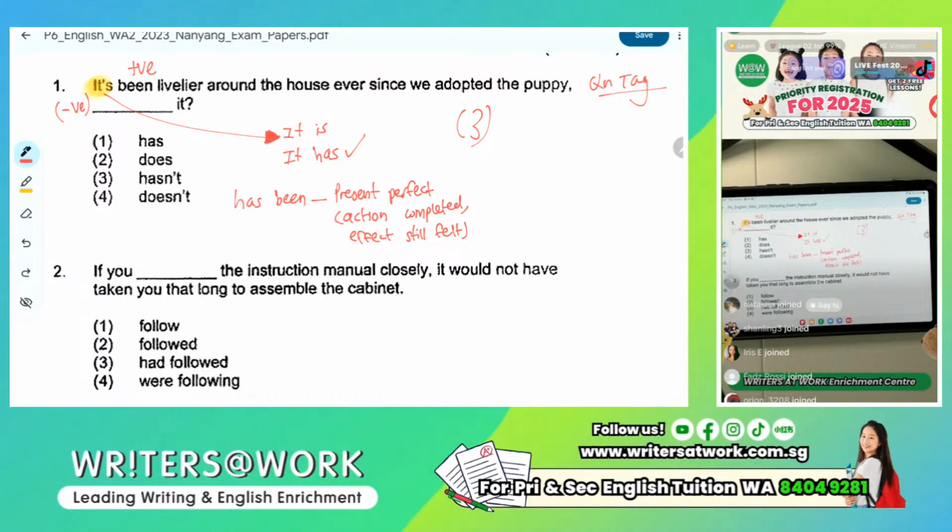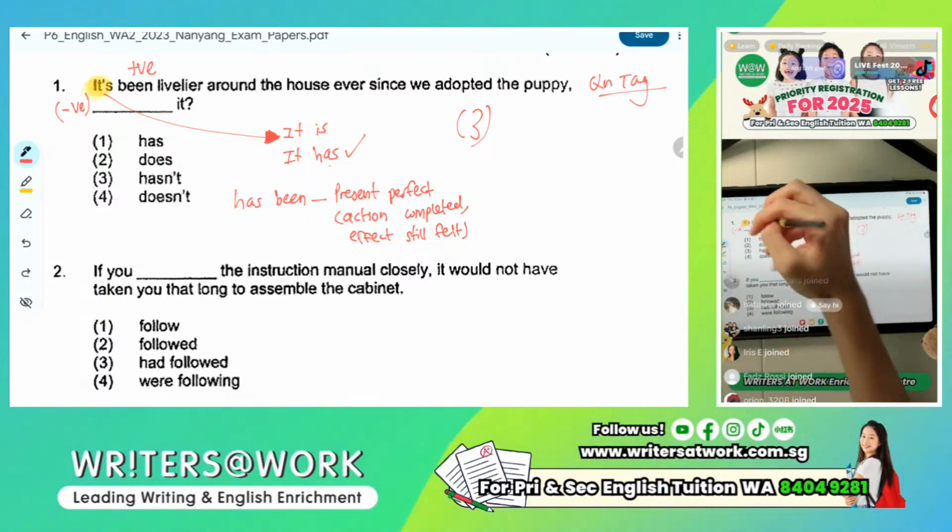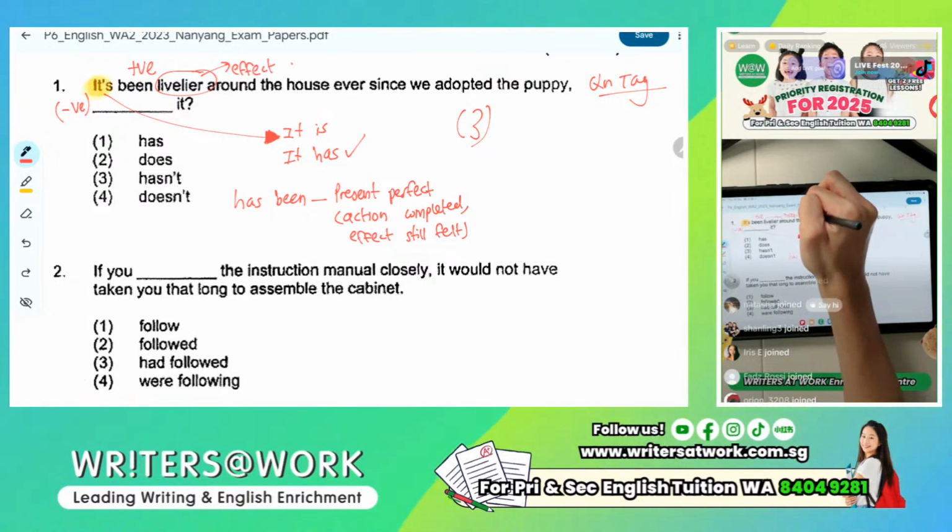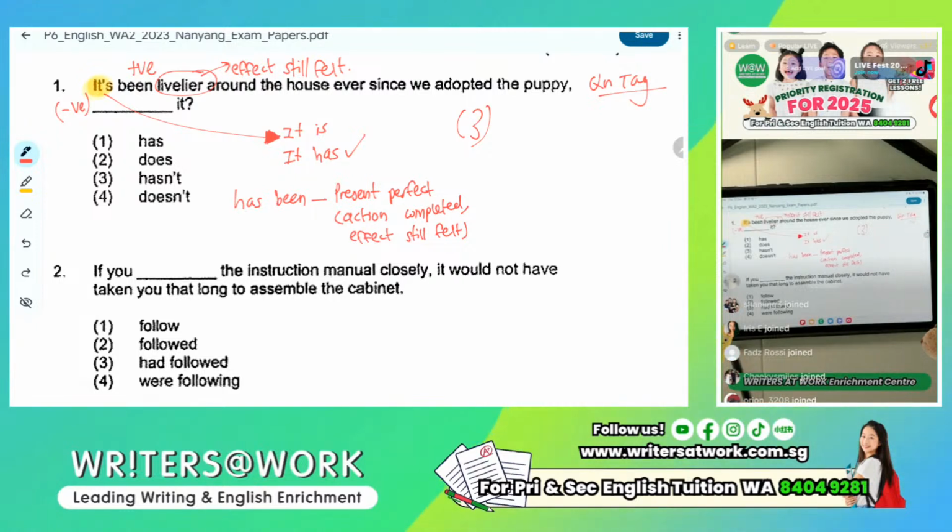And the effect is the house being livelier. Not a really difficult question here. Moving on, let's take a look at question 2.